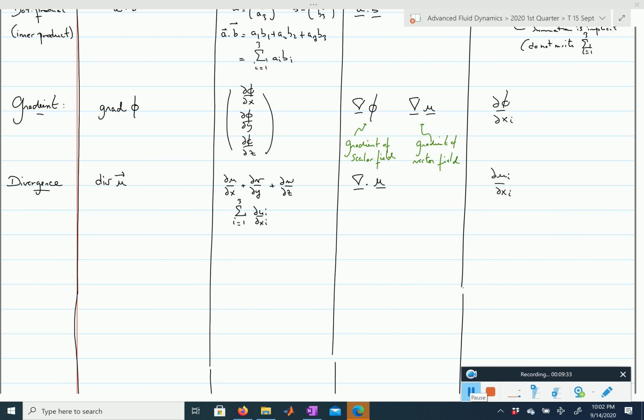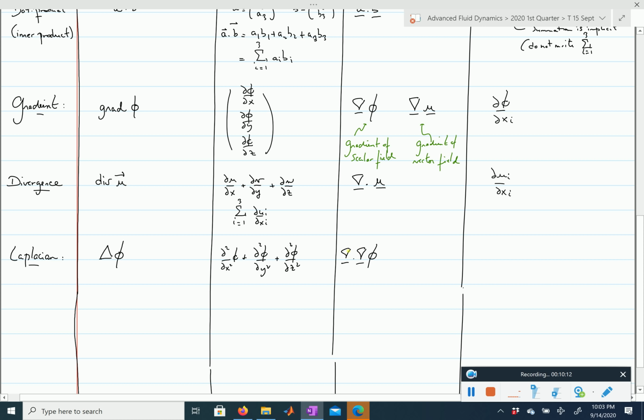Then there is the Laplacian. In mathematics, you may have seen it written as the Laplacian sign, phi. In full notation, that would be equal to the second partial with respect to x of phi plus the second partial of phi with respect to y plus the second partial of phi with respect to z. In the class, the way I will write it, you know that the Laplacian is the divergence of the gradient. So if this is my function, that is here the gradient of the function, and then that would be the divergence of the gradient, and therefore it's the Laplacian.